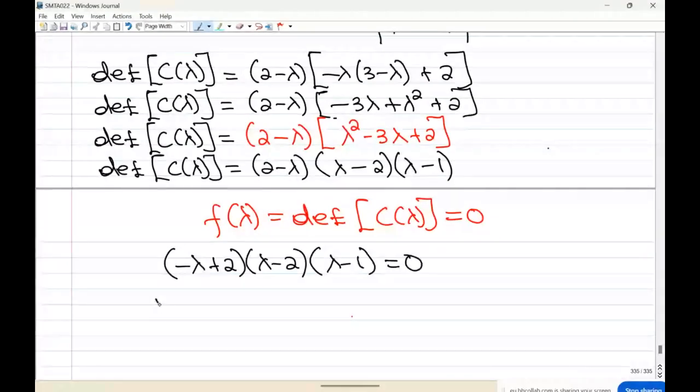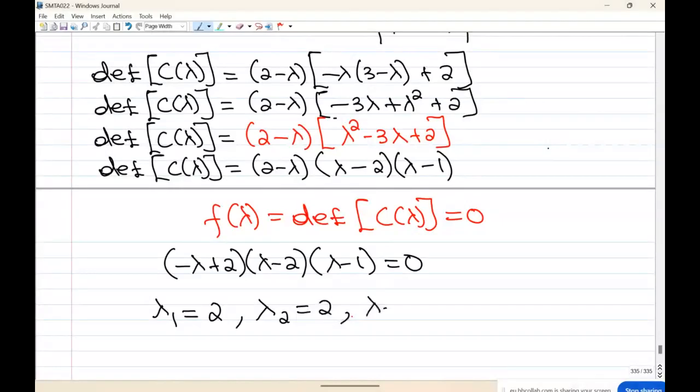Lambda, the first lambda, the answer is 2, positive 2? And lambda number 2, the answer is positive 2. And lambda number 3, the answer is 1. Can you please confirm if the first one of minus lambda plus 2 is correct? Yes, sir.